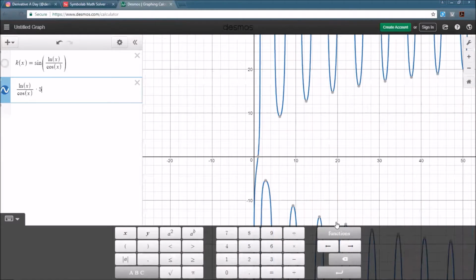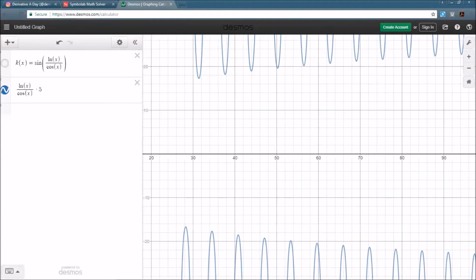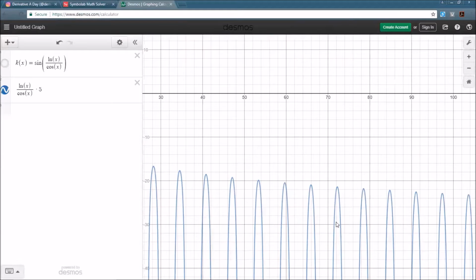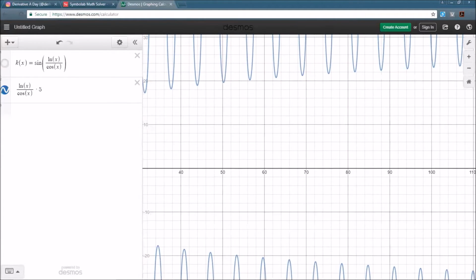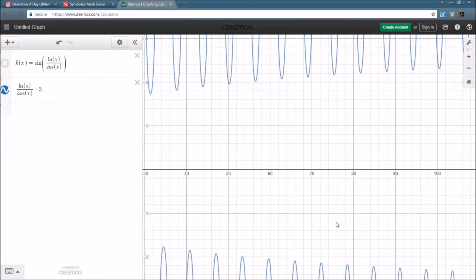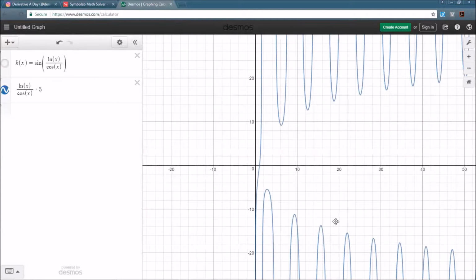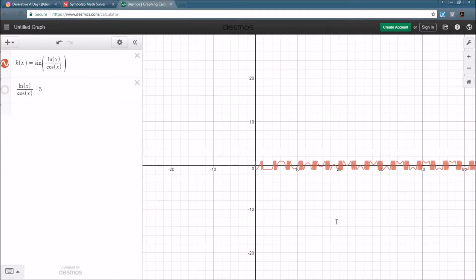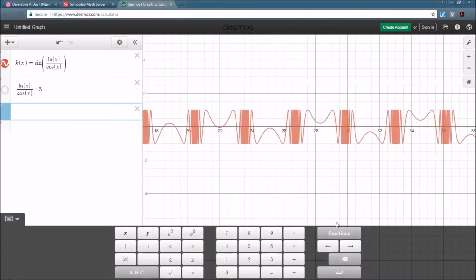I'm just playing around with them to see, whoa. So if you times it by 5, it increases by 5, it seems. I don't even know, these are all assumptions. I'm not proving that. However, let's type in our derivative of the function.